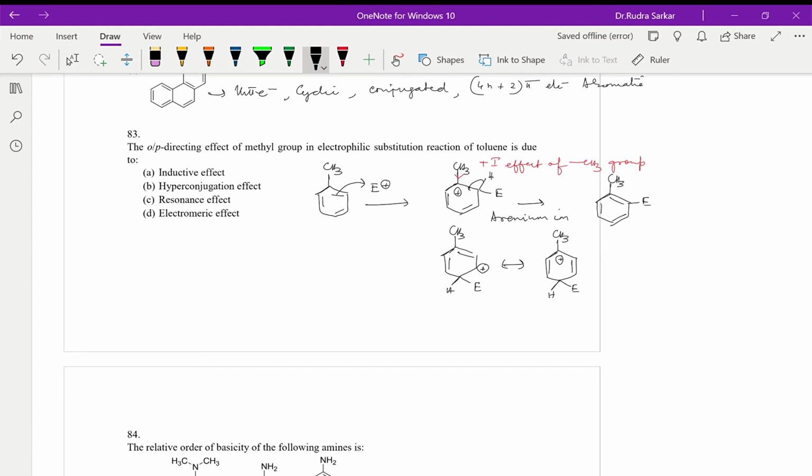Okay, so subsequently one can think that the hydrogen is lost like that. In that case, well, let's do another resonating structure and then we will lose the hydrogen. So it is over here.